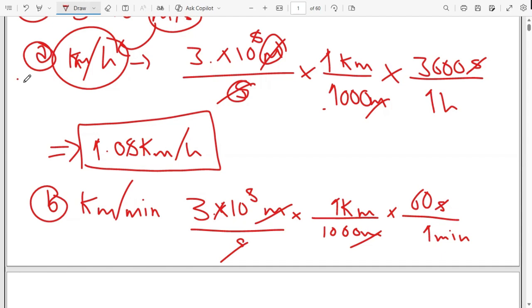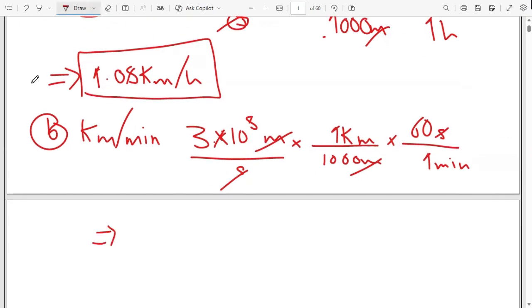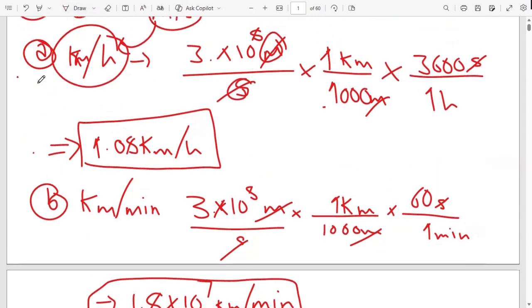And this is going to give us exactly 1.8 times 10 to the power 7 kilometers per minute.